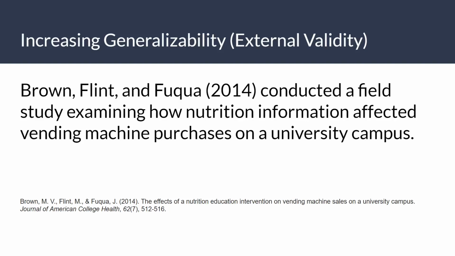Brown and colleagues conducted a field experiment examining how nutrition information affected vending machine purchases on a university campus. They did that by counting the number of healthy and unhealthy foods purchased in a vending machine. And they noticed that after the manipulation, more college students were buying healthy products over unhealthy ones.